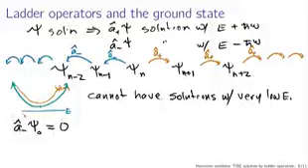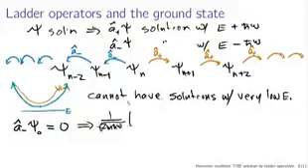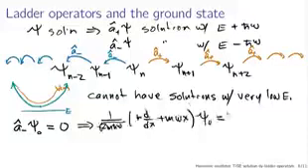We have to be able to solve this. This is going to be an ordinary differential equation just given by the definition of the ladder operator. 1 over the square root of 2m h bar omega times the momentum operator h bar d by dx plus m omega x acting on psi sub 0 is equal to 0.